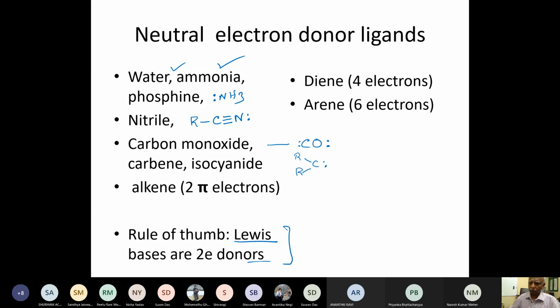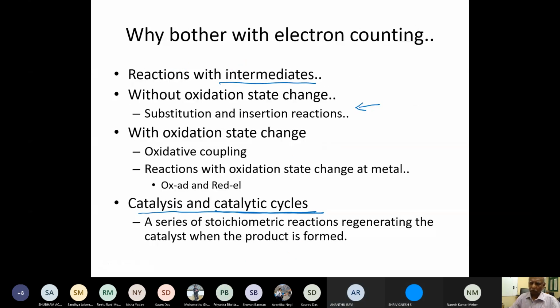Okay. Stability of intermediates. After that, I couldn't hear or see anything. So, were you able to see this with why bother with electron counting? Yes, just the first 2 points.